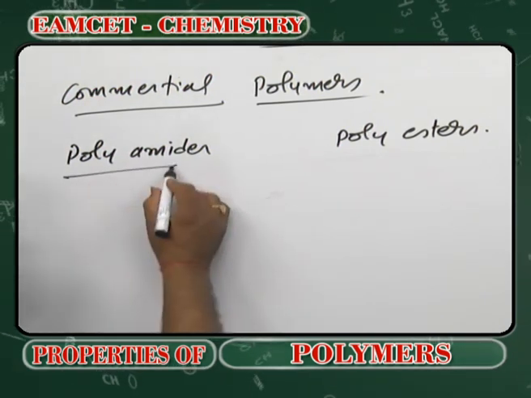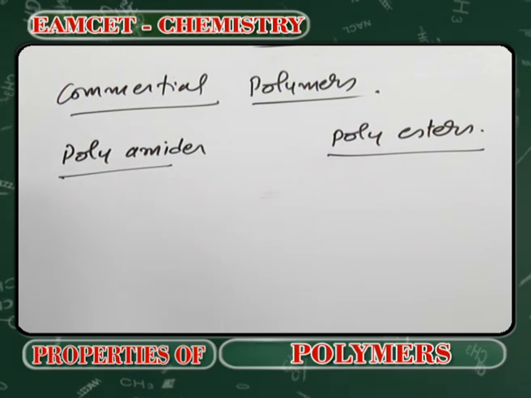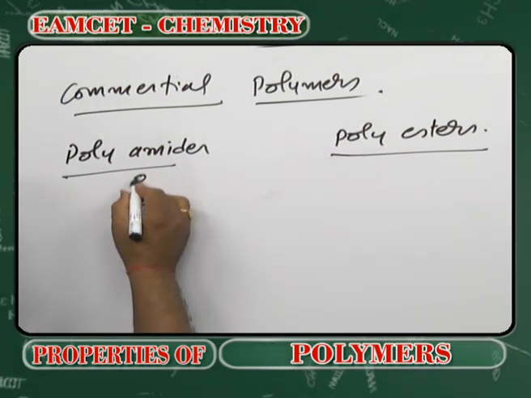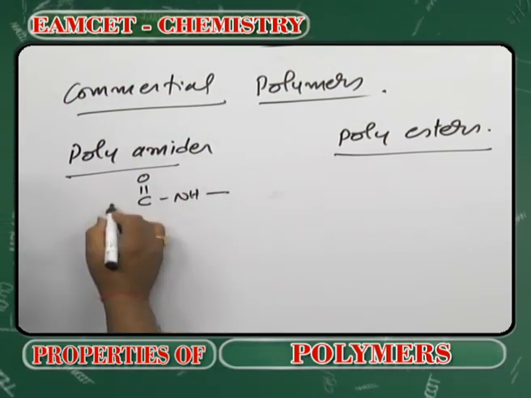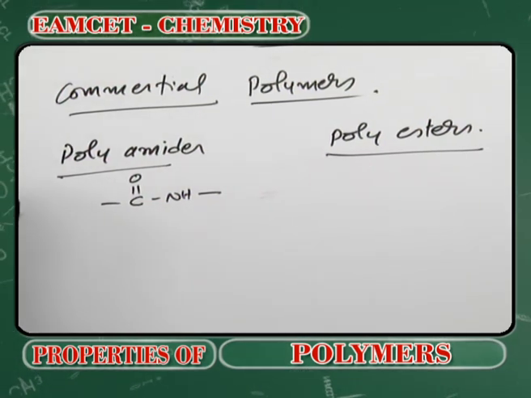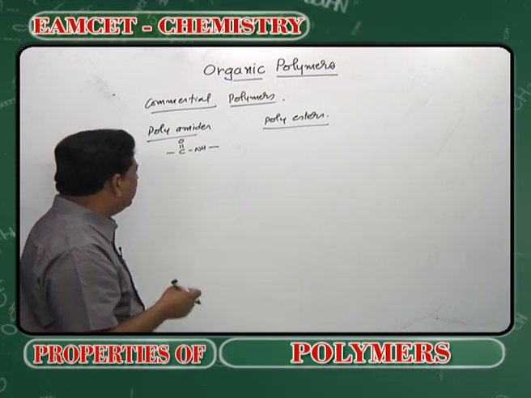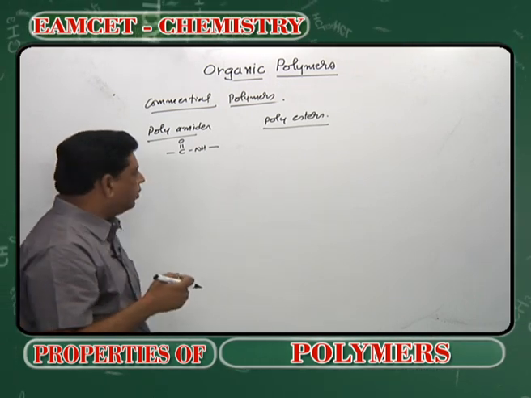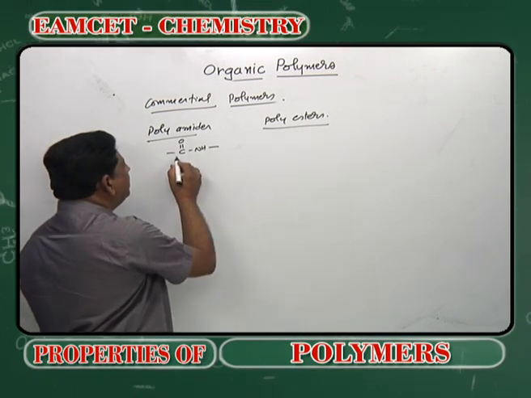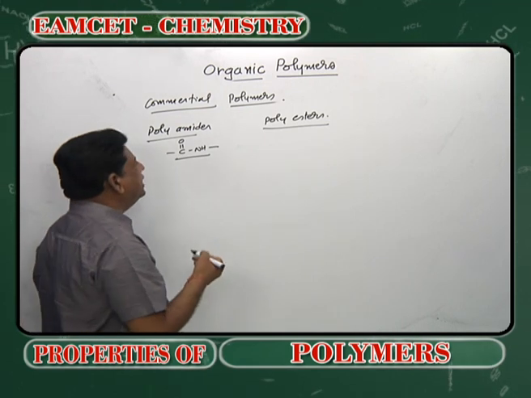But polyamides and polyesters are more eco-friendly polymers, because they have a functional group CONH, which is there in our protein. Our body, especially the skin, the muscles, the hair, nail, all these are nothing but polyamides only, proteinous material. Now, this polymer also contains the same function, CONH, so it is more accommodative.